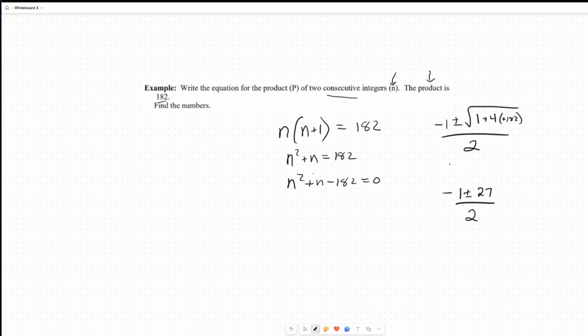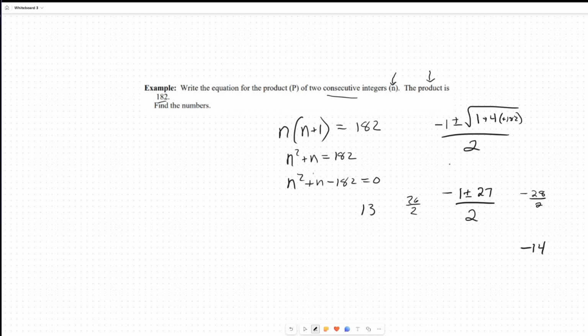Well, this gives us two different answers, because negative 1 plus 27 is going to give you a 26, divided by 2 gives us a 13. And if I subtract it, I get a negative 28 divided by 2, which is negative 14.